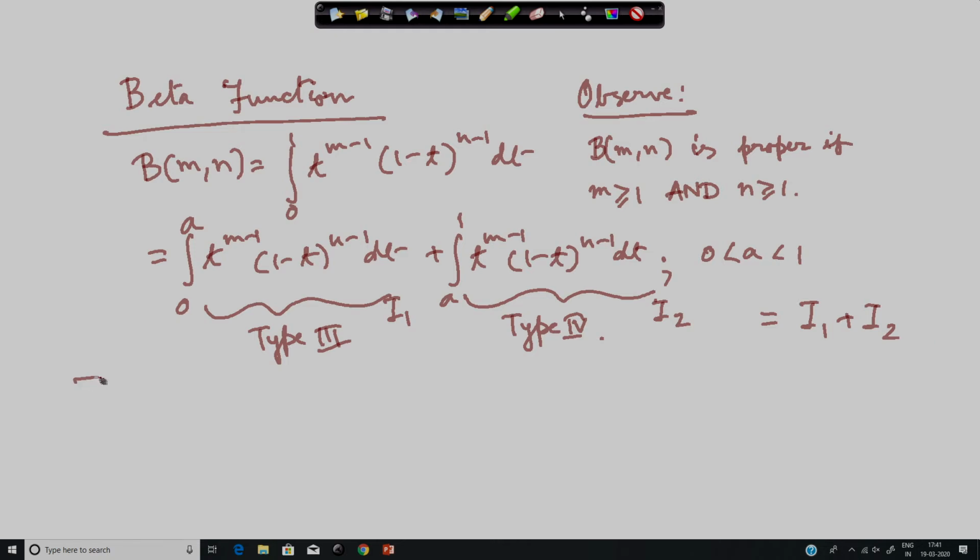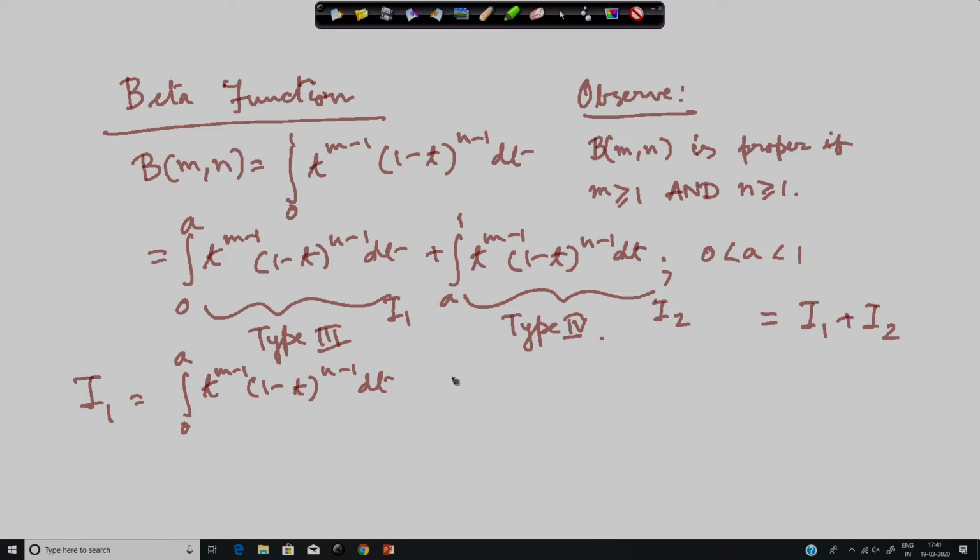Now let me write I1. I1 is the integral from 0 to a of t to the power m minus 1, 1 minus t to the power n minus 1 dt. Again we will apply the limit test to check the convergence of both I1 and I2. For I1 the problem is at t equal to 0.